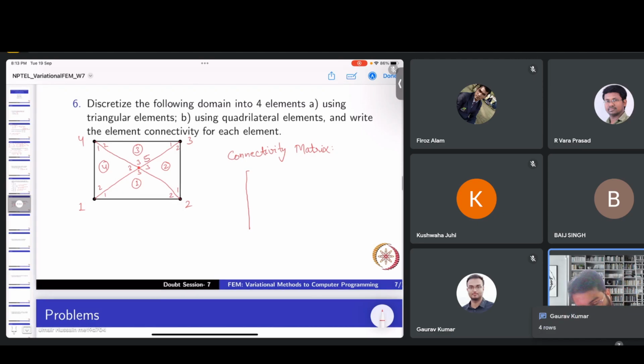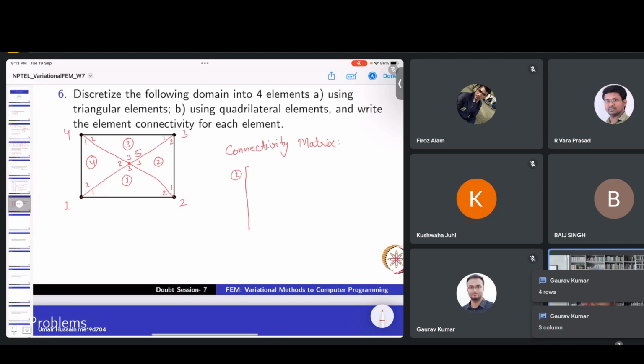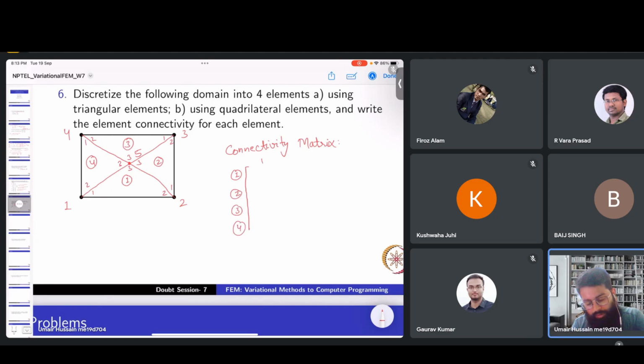Four rows, right? Because we have four elements. And then we have three columns because we have three local nodes. So what is the first row?